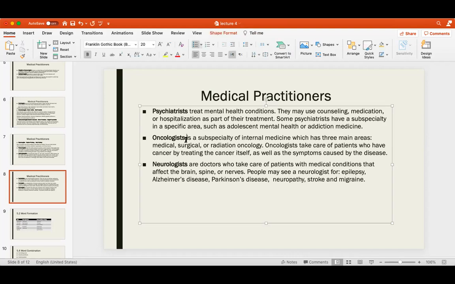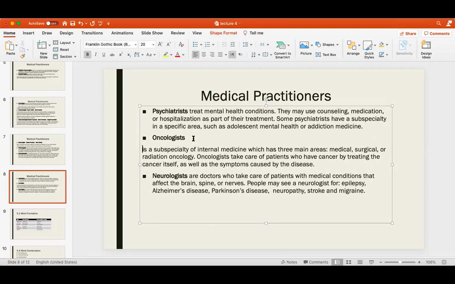Oncologist. If you remember, we said that the root onco refers to tumor, which means in Arabic, waram. Oncology is a subspecialty of internal medicine, which has three main areas: medical, surgical, or radiation oncology.